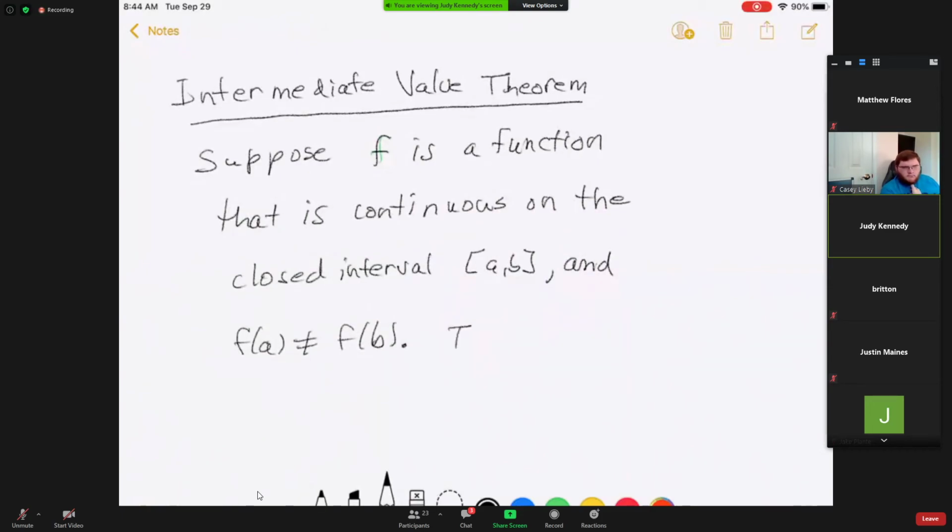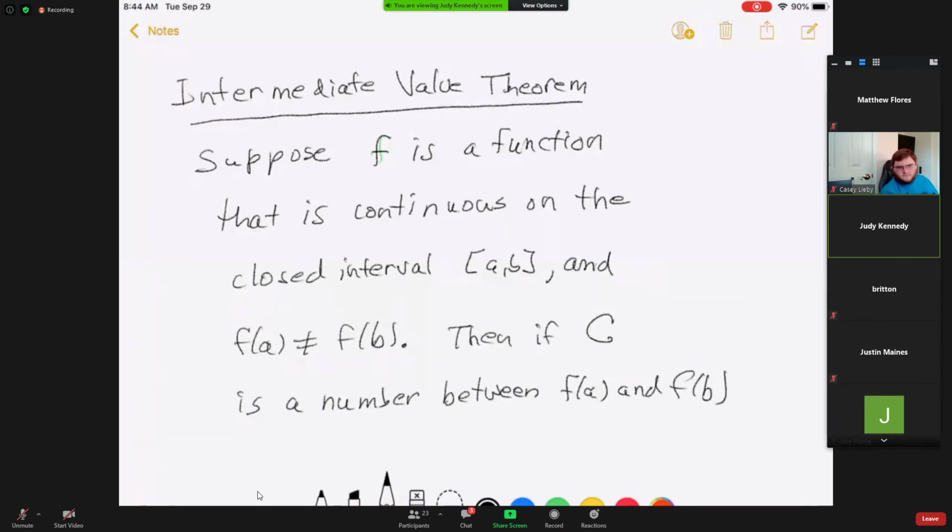Then if big C is a number, I'll just say between, because I don't know whether f of A is bigger than f of B or not. Just that they're different.